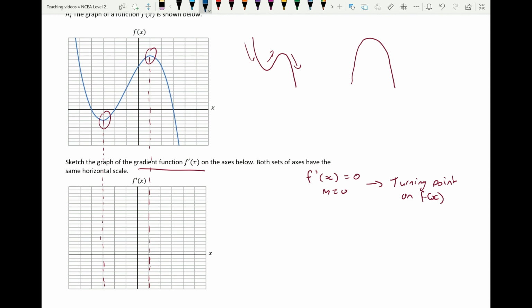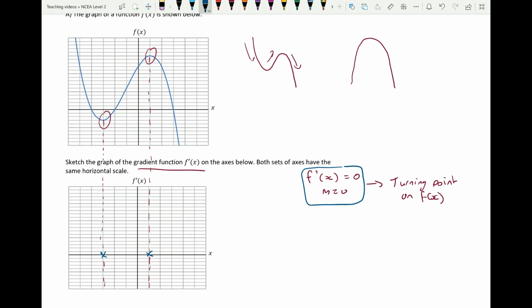Remember, f dash of x equals 0 at a turning point. So the gradient is 0 at a turning point. If we look at this graph, f dash of x will be 0 if we're on the x-axis. Just like on a normal graph, if you're on the x-axis, y or f of x equals 0, it's the same here. So f dash of x will be 0 here and here. So these are the x-intercepts of our parabola.